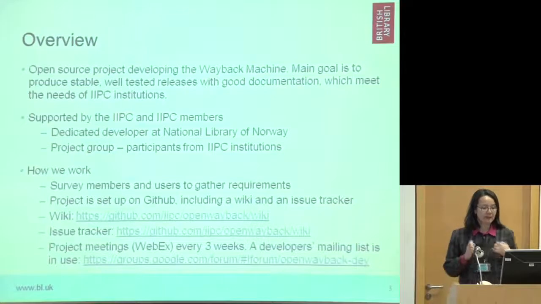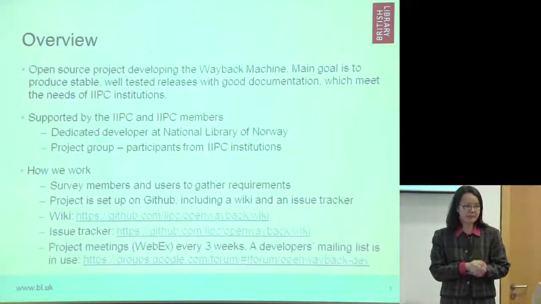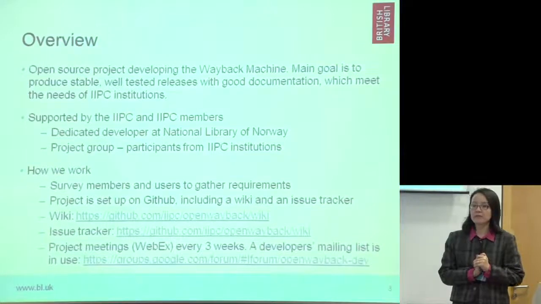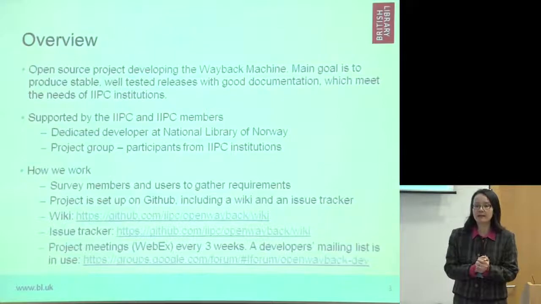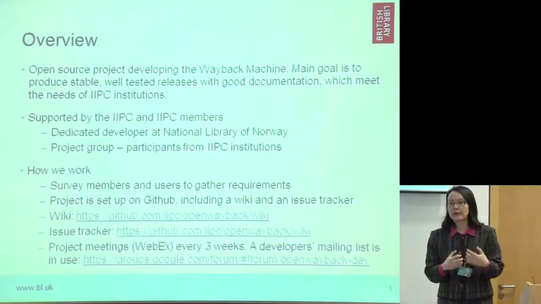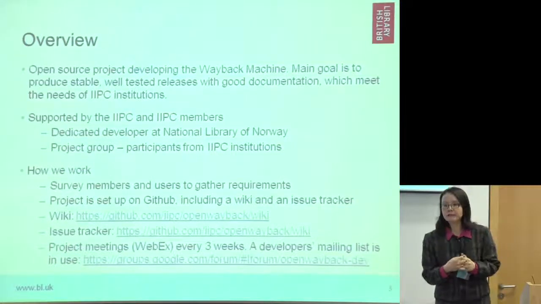The OpenWayback project, which was launched in October 2013, is supported by the IIPC and its members. There is a dedicated developer based at the National Library of Norway.